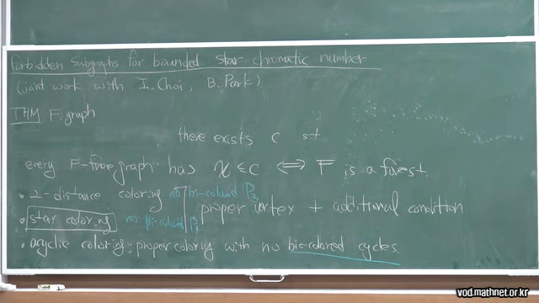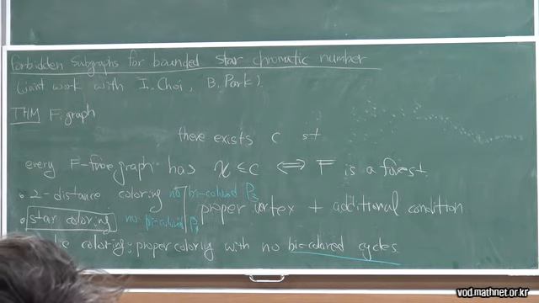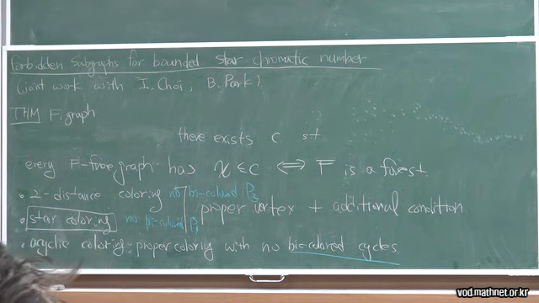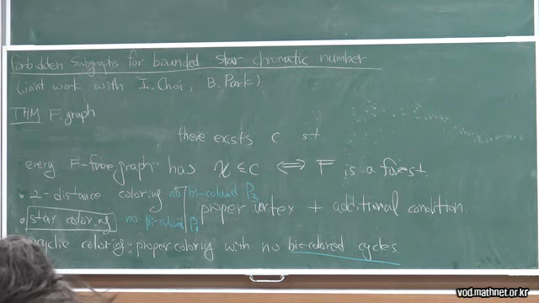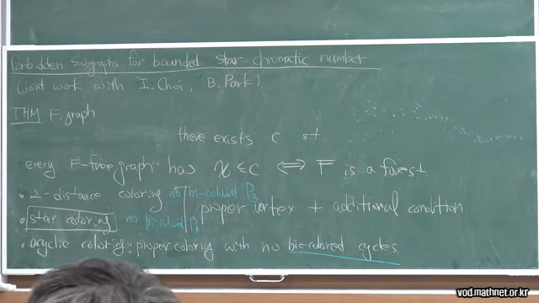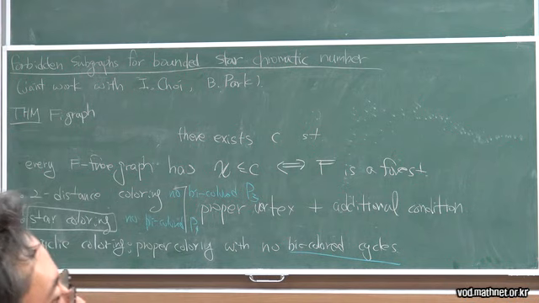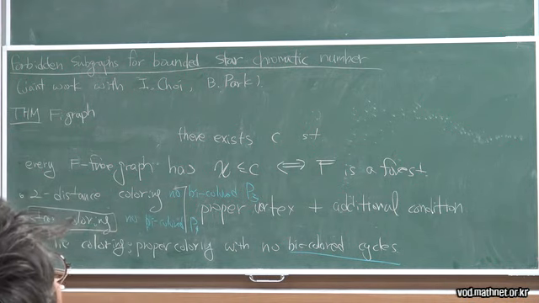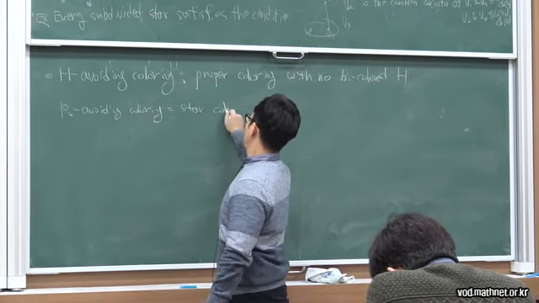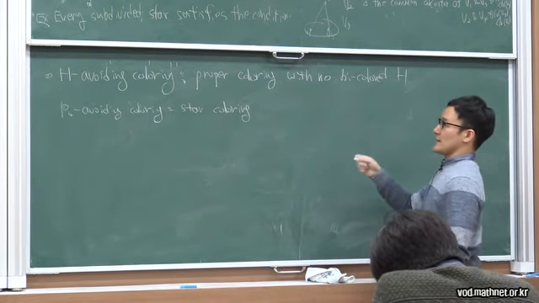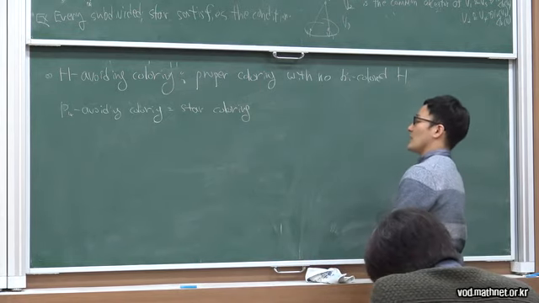We defined H avoiding coloring. This is just a proper coloring with no bicolored H. So here H is a graph and H avoiding coloring is a proper coloring with no bicolored H. So P4 avoiding coloring is star coloring, and P3 avoiding coloring is two distant coloring, and so on.